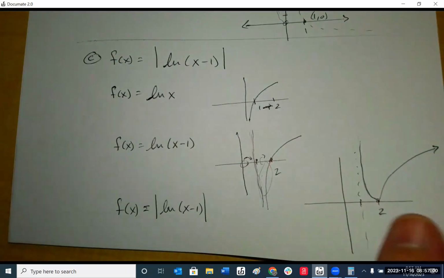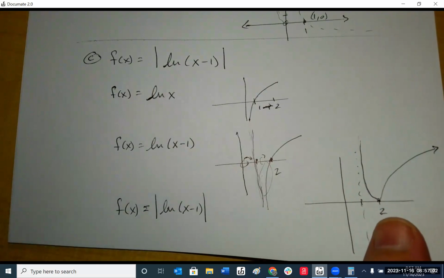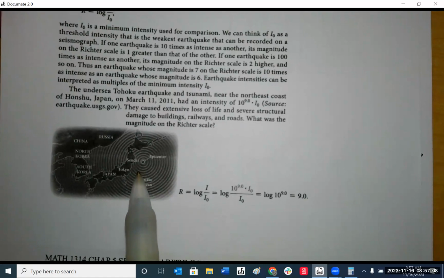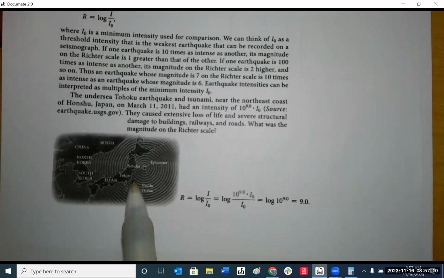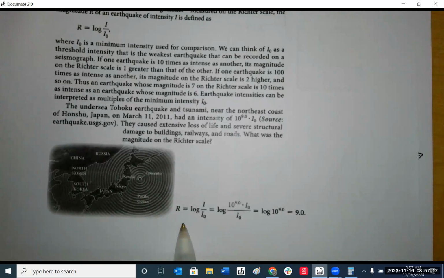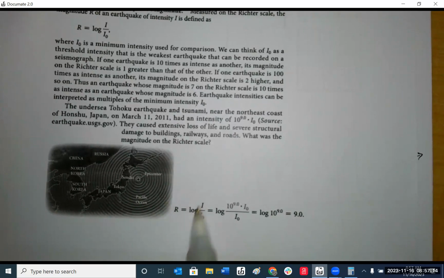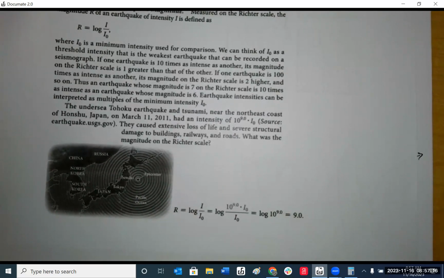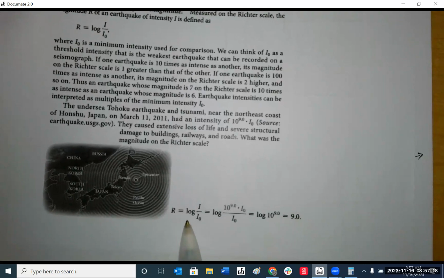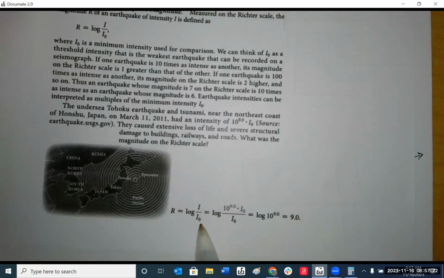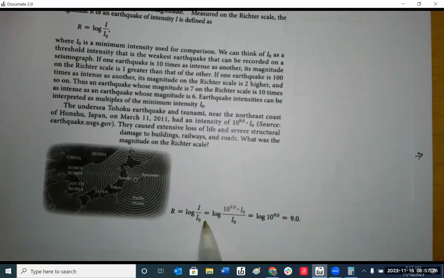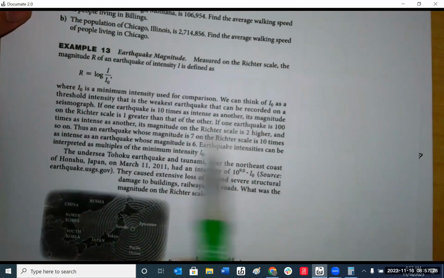And example 13 is simply an application, and that's why I went ahead and did the whole thing. The formula you use for concentric circles of a shock wave from an earthquake is, this is for a tsunami, the original shock wave, log base 10 of I over I sub 0. And then look here, see what they're giving you.